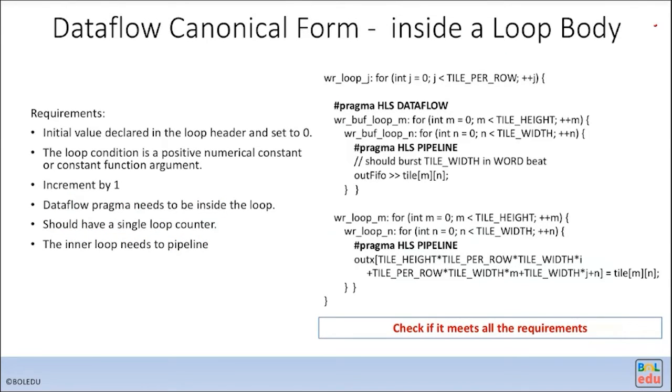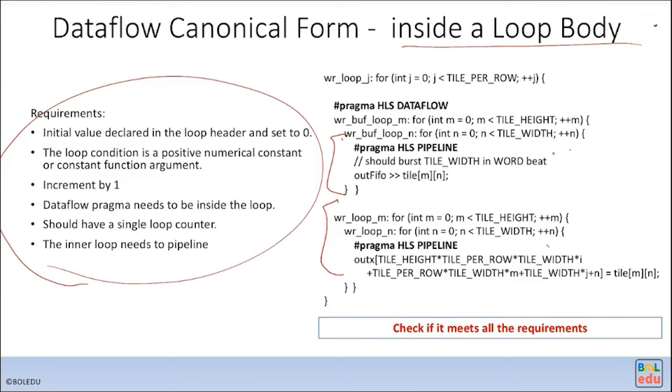Okay, so how do you do the data flow on loop? We also introduced that before. In here you have one loop, and there's a second loop here. These two loops you want to run concurrently with the data flow. To do that, you have to meet those requirements.